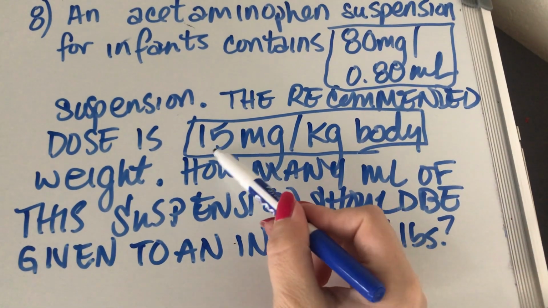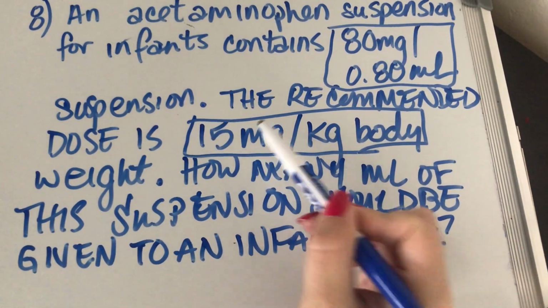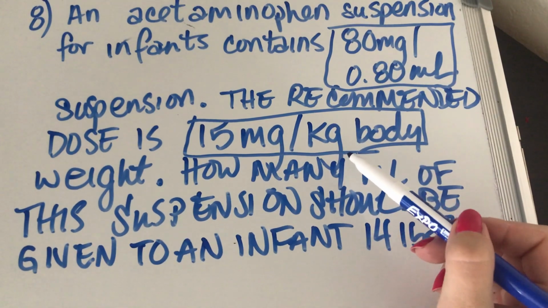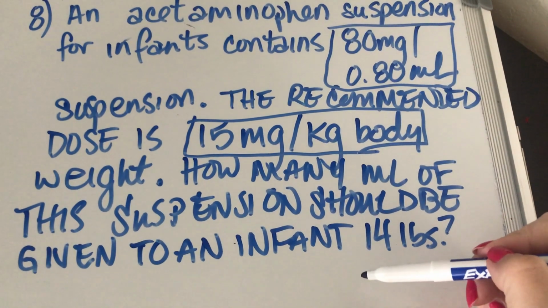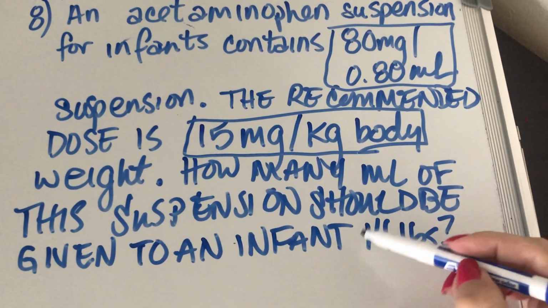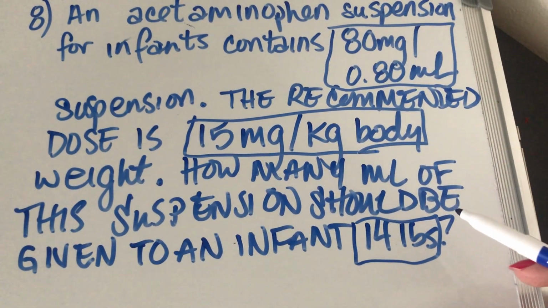So that means 15 milligrams of Tylenol per kilogram of body weight. Now, am I given the body weight in kilograms? No, right? That would be too easy. I'm given it in pounds, right?